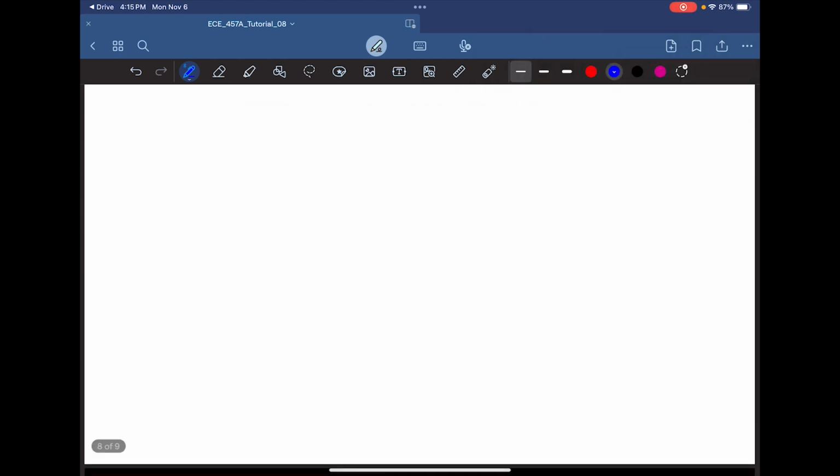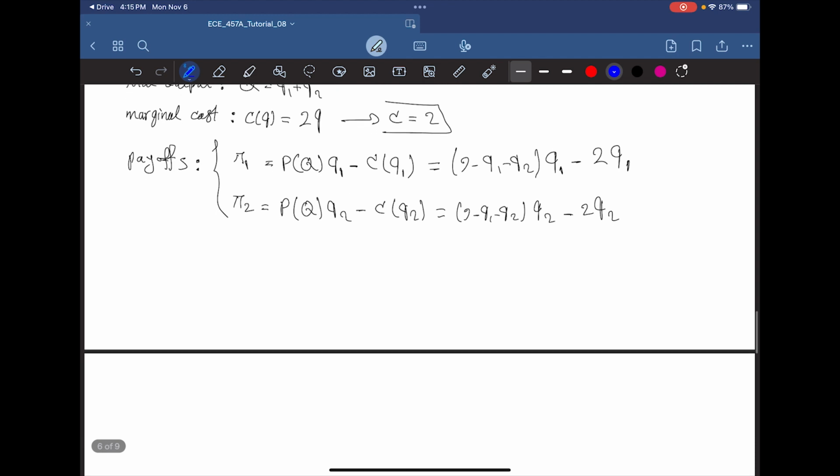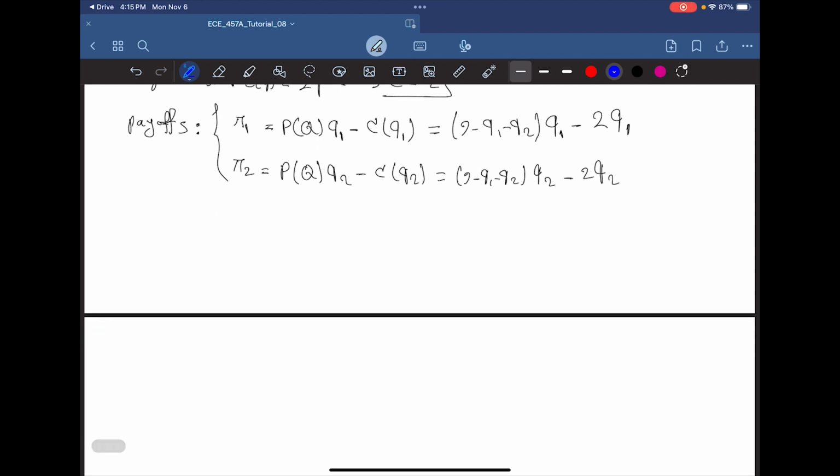Let's also add another one. Okay. So the first method, Cournot. In this case, we need to find the reaction functions. So R1 is equal to the partial derivative of the payoff of the first company with respect to Q1, the quantity of the first company.